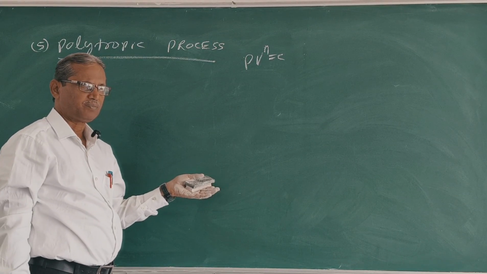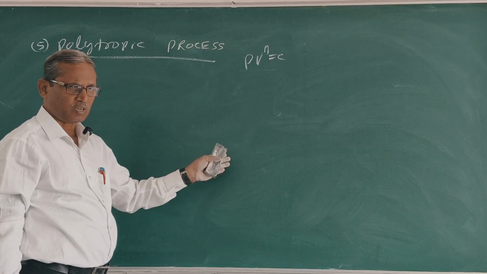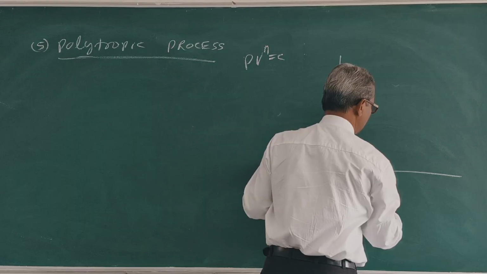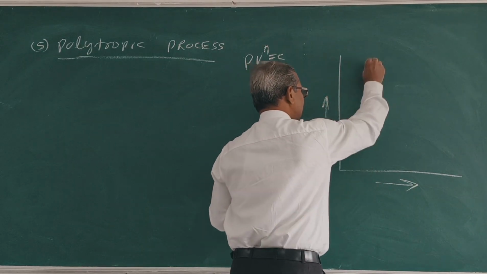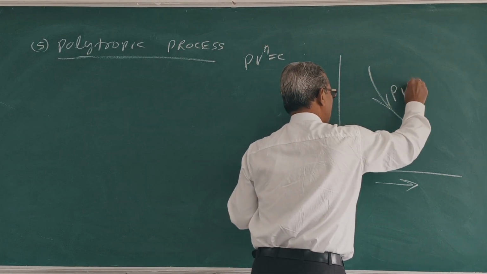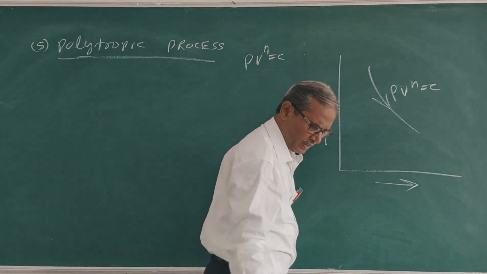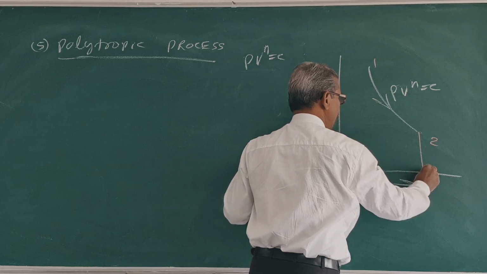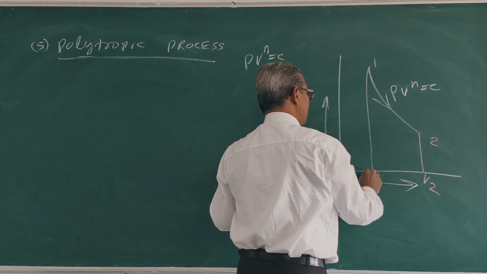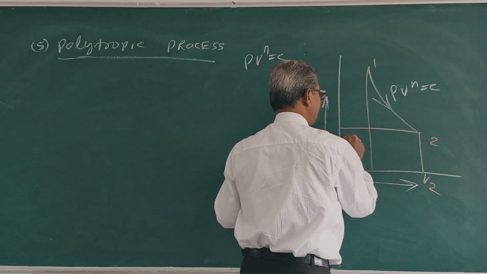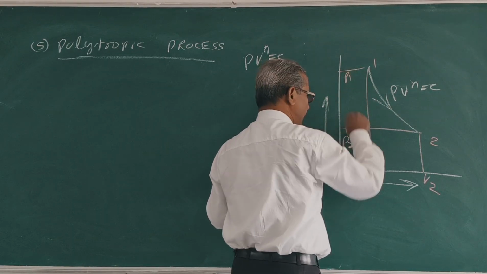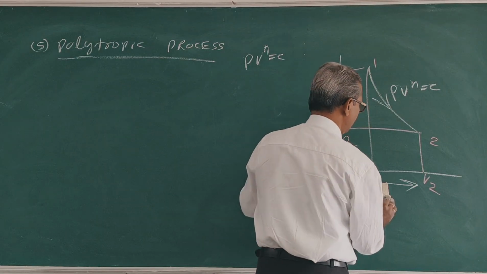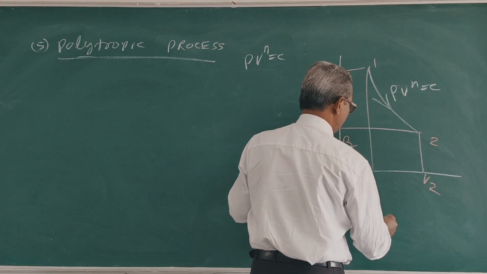In the same way, we can find the answer. This is volume V, this is pressure P, same diagram, P V to the n constant, with states 1 and 2 at V1 and V2.